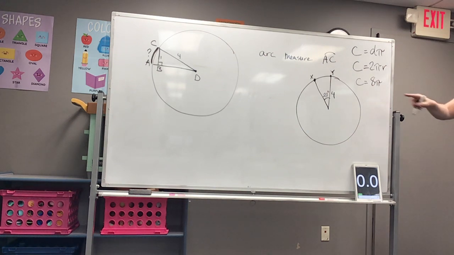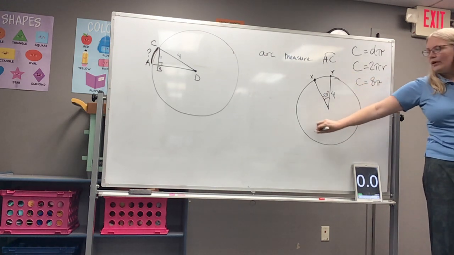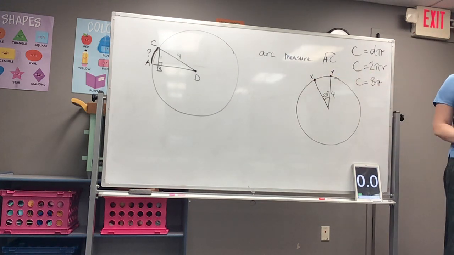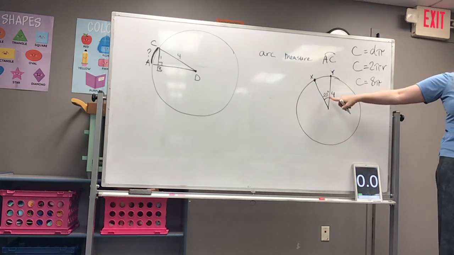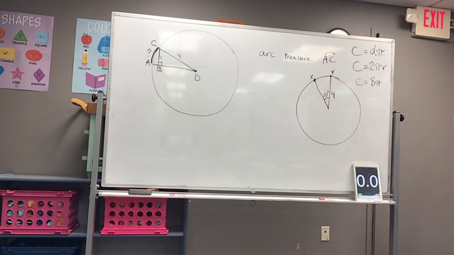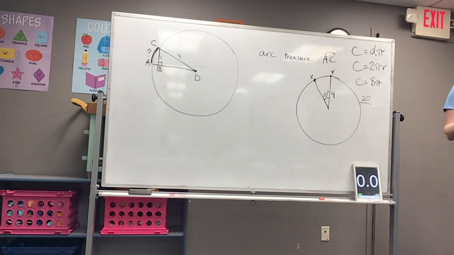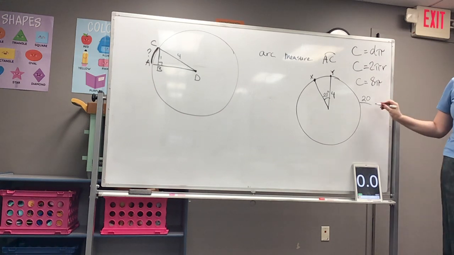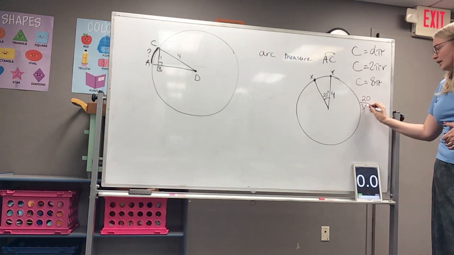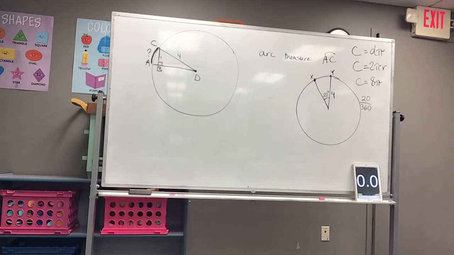But that's all the way around. And so in order to find just this little bit of it, we would be comparing what fraction of the circle we have. We have 20 degrees out of the degree measure around the whole circle, which is 360.